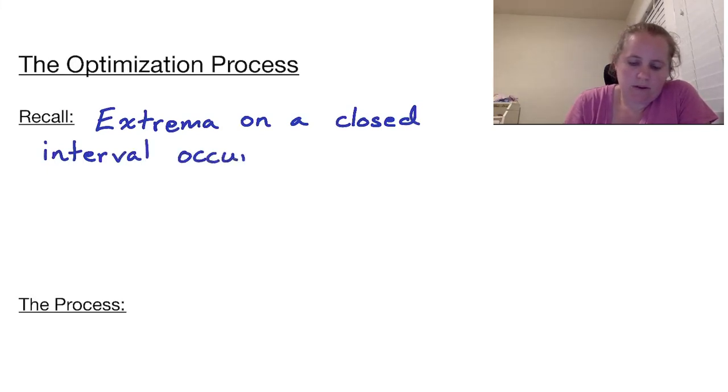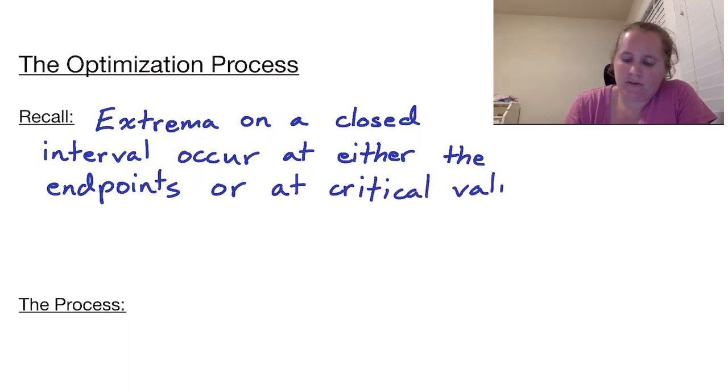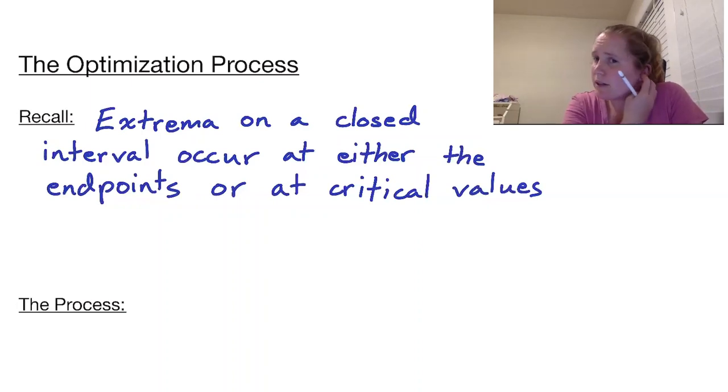They occur at either the endpoints or at critical values. And then on an open interval, you can at least find relative extrema.